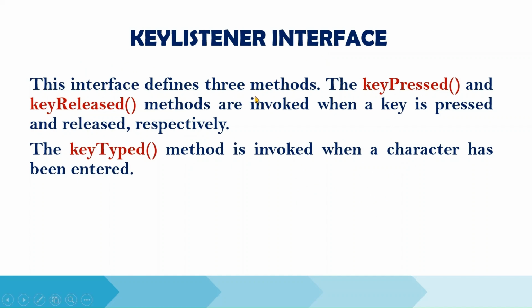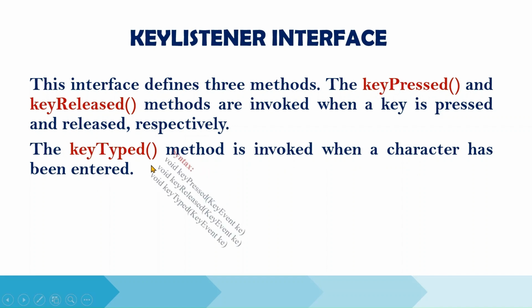This interface defines three abstract methods: keyPressed, keyReleased, and keyTyped. The keyPressed method is invoked when a key is pressed, and the keyReleased method is invoked when a key is released. The keyTyped method is invoked when a character has been entered. So when you start typing in a text box or text area, the key typed event is generated.